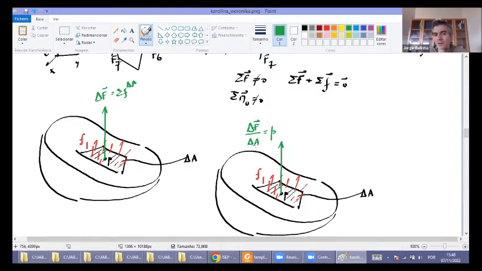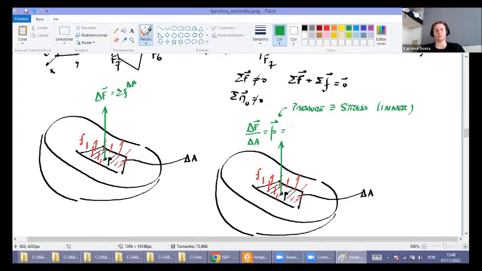Force divided by area is a pressure. This pressure here is equivalent to the concept of stress, which is an inner stress that is happening inside of your body. So let's call it vector T. In Portuguese, it's tension.